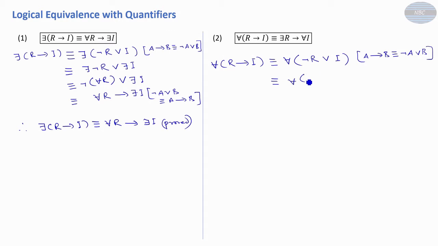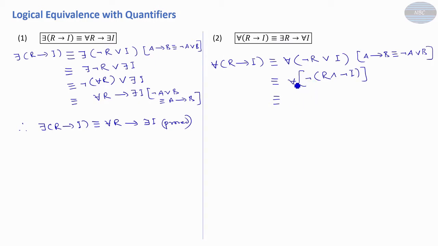let us take negation as common here, so it can be written as, let me use the square bracket here, not, P and negation of Q. Now let us take this negation out from this square bracket.